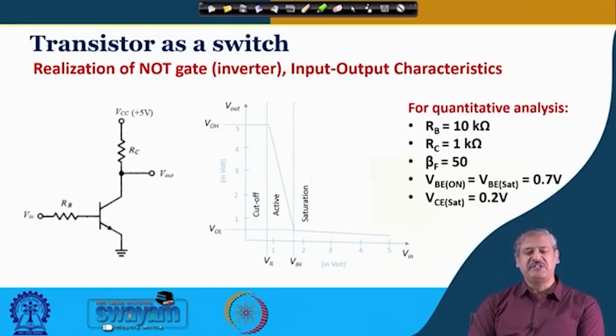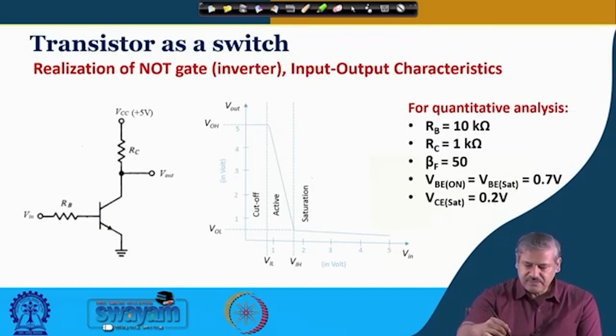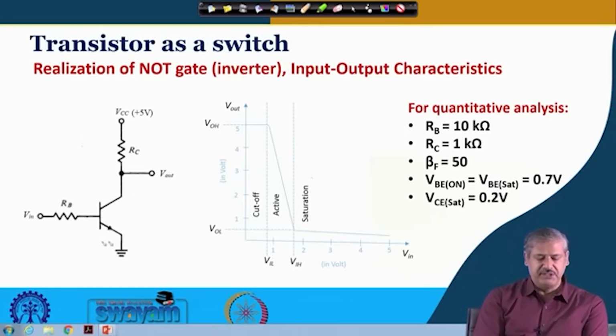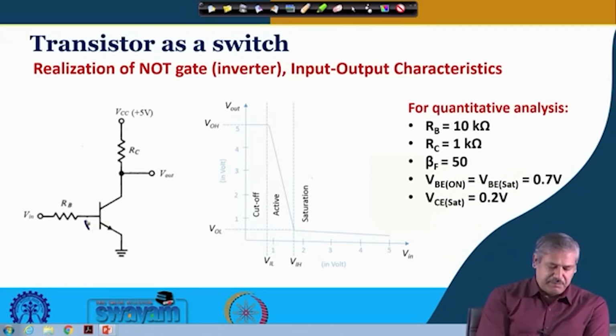So, we start with a very simple circuit of a transistor based inverter. On the left hand side of this slide we see an NPN bipolar junction transistor; this is the base, this is the collector and this is the emitter.